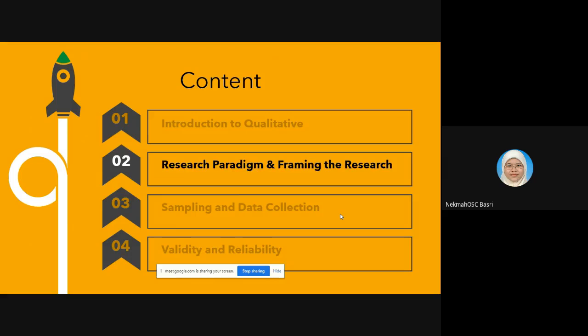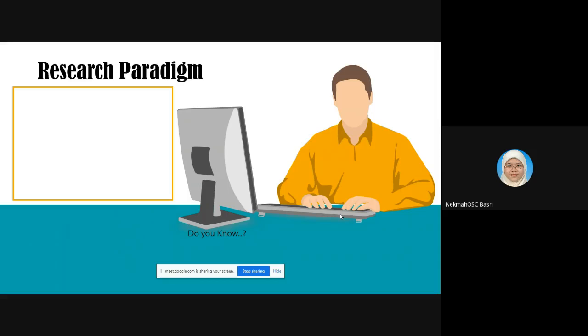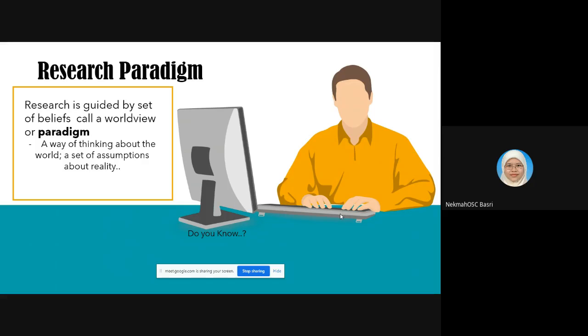And then we go to the second one, research paradigm and framing the research. Do you know what a research paradigm is? A research paradigm is guided by a set of beliefs called a worldview. It's a way of thinking about the world, a set of assumptions about reality. Theory is how we arrange a set of concepts to define and explain some phenomena.